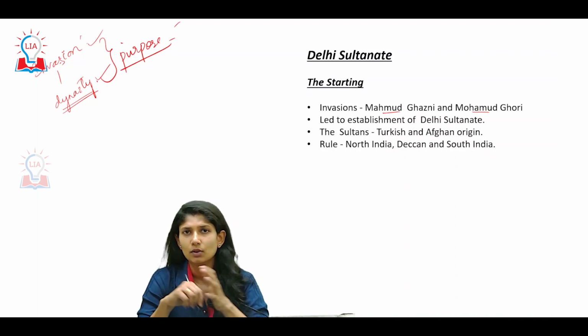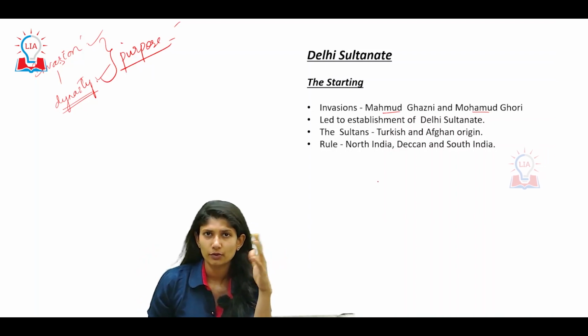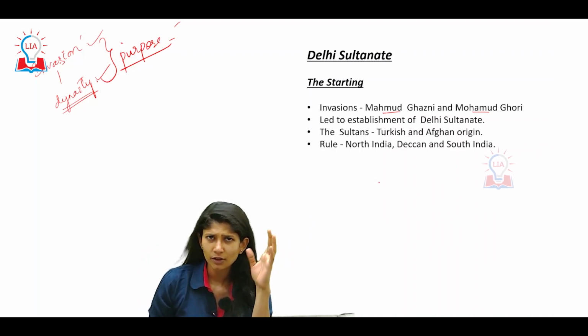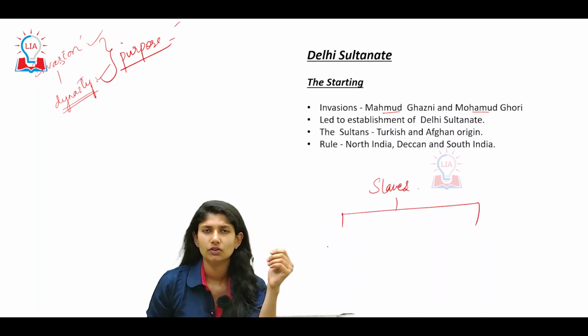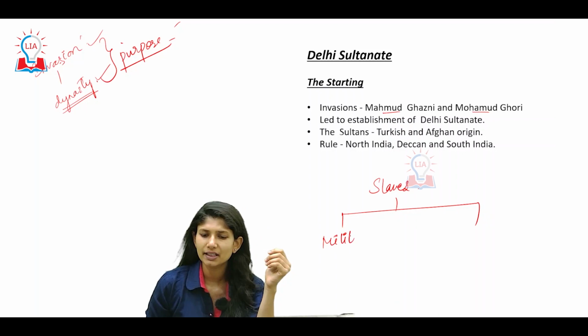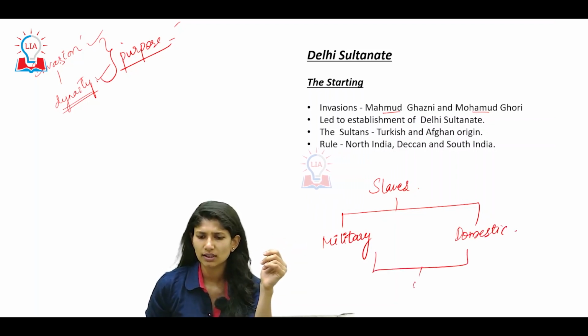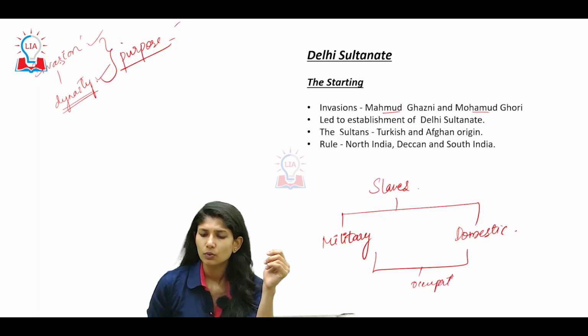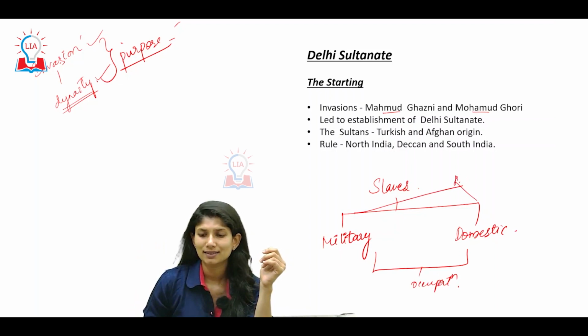Now, look at the name, Slave Dynasty. What is this Slave Dynasty? At that point of time, slaves were used for two purposes: one for military purposes, another for domestic purposes. Occupation-wise both are extremely different, but the one thing in common is they both are owned by some master.